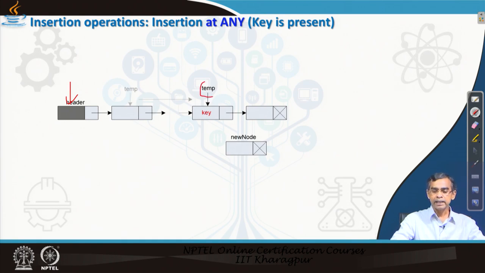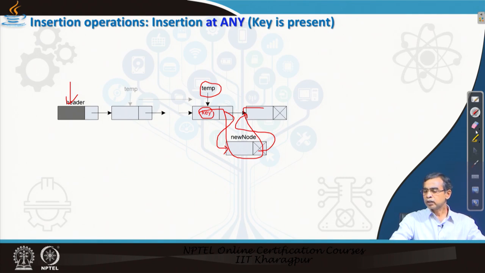So, temp is the node which includes the data value key in this case, and a new node we have to get from the memory bank and then the node needs to be inserted here. So, insertion is like this, we have to set this pointer, and this pointer will be there. So, two links are to be managed.